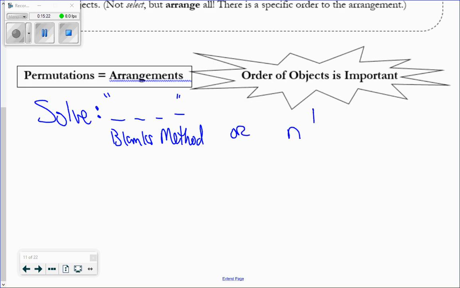The new way is this nPr, and that's what we're going to focus on. So what the nPr is: n stands for the number of objects, r is the number that you are arranging.